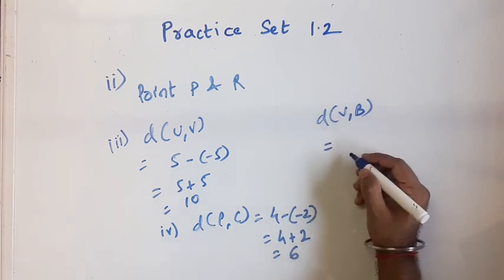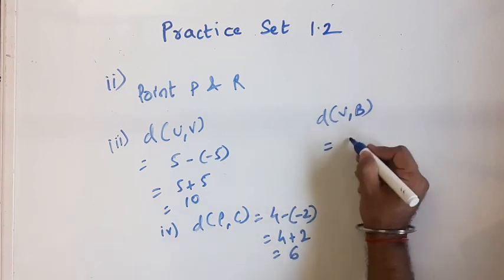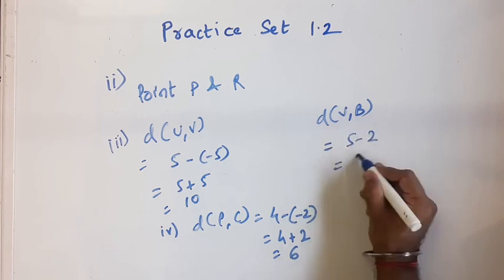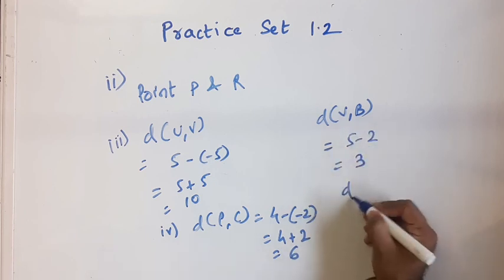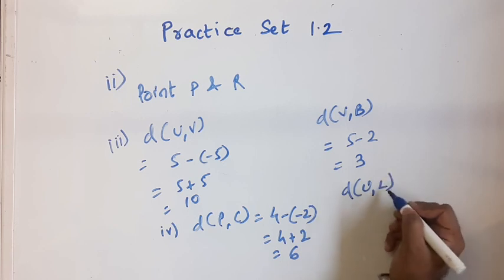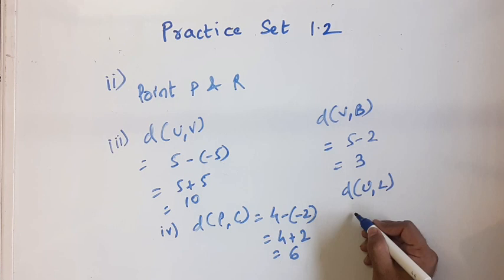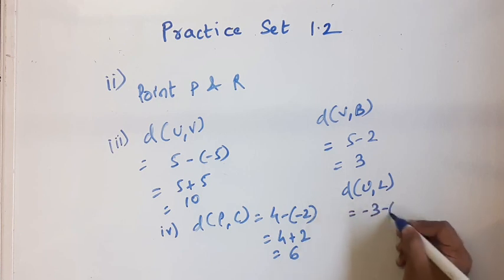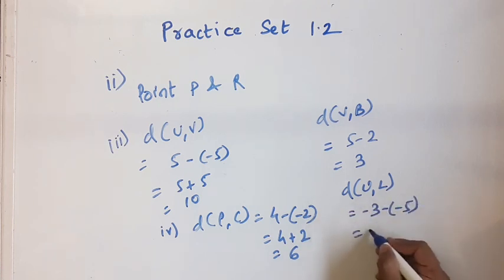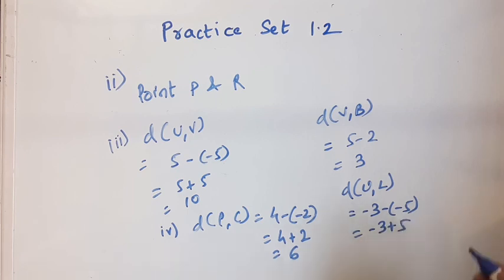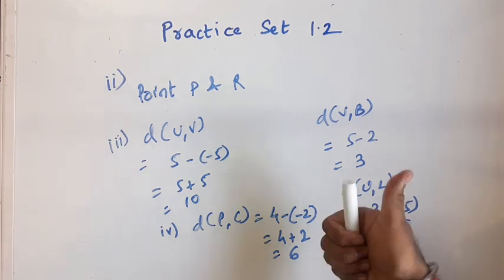V is greater. V is 5, B is 2. So it is 3. And lastly, distance UL. U is to the left, so L is greater. L is minus 3 minus minus 5. Minus 3 plus 5, what is that? Answer is 2. Okay children, so with this we complete our practice set 1.2. Good luck, all the best.